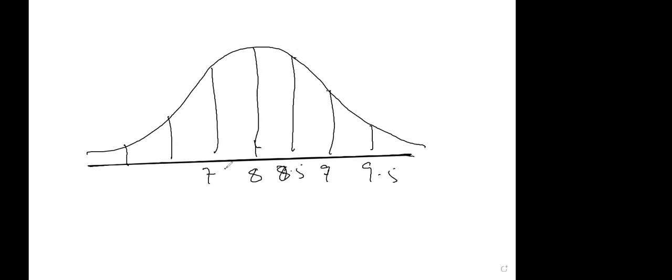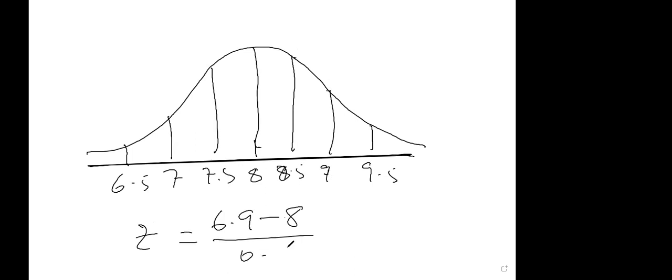Eight, 7.5, 7. Or we do z equals 6.9 minus 8 over 0. So which is within 3 standard deviations.